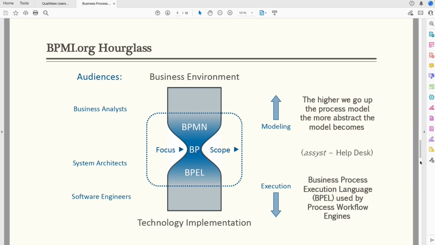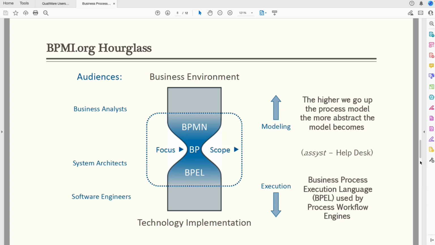So the diagram itself can be exported to a BPEL format, to be used in a workflow engine. And I don't know if anybody's using Assist on their help desk, but Assist uses BPMN to diagram visually their workflows, and that's what runs it through BPEL.